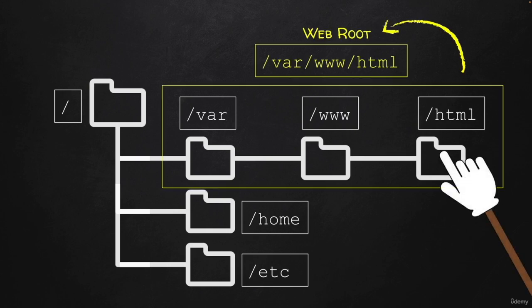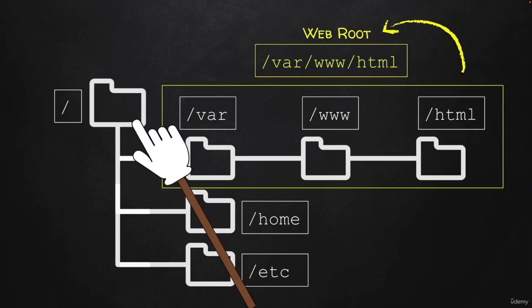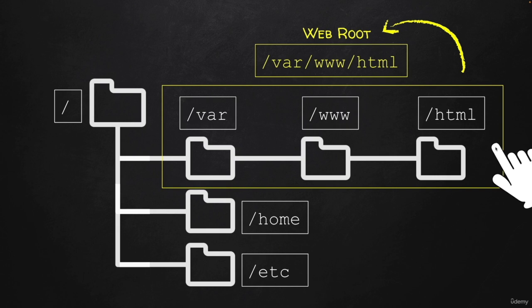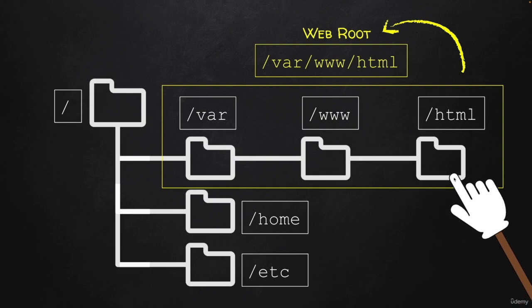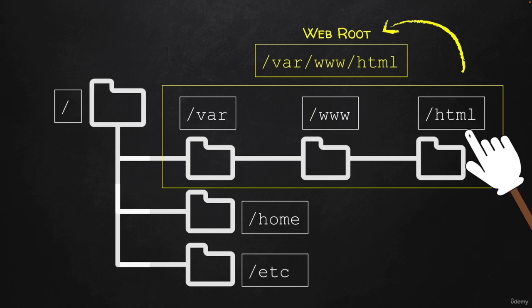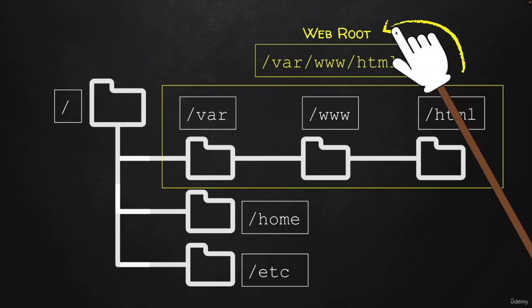So this directory would be called a web root. It can actually be anywhere. It doesn't have to be in this path, but this is one of the default paths where the web root is. So this path will contain the website files, and when someone accesses your website, for example, zaid.com or zsecurity.com, the files included in this directory will be served to the user.